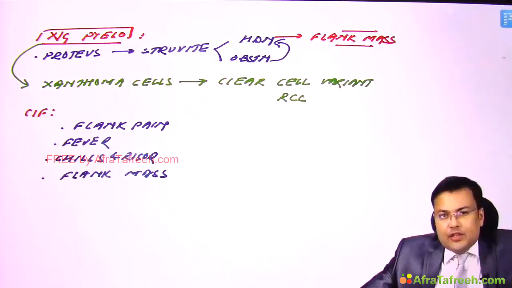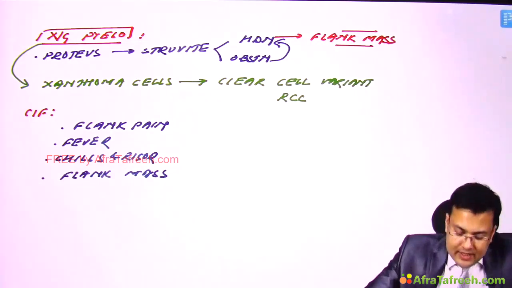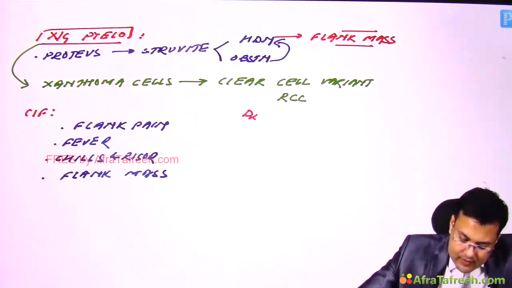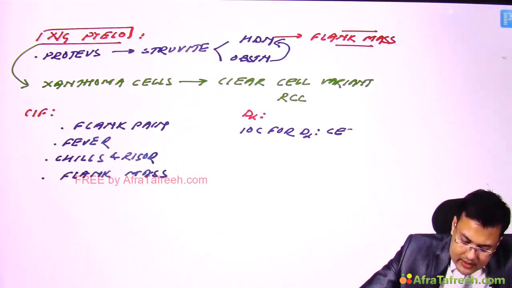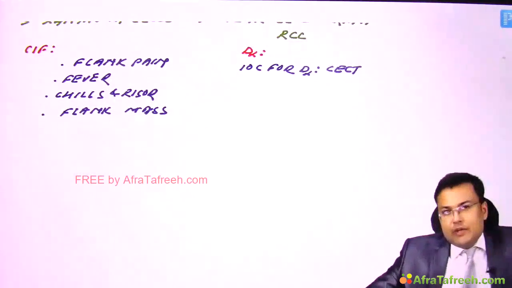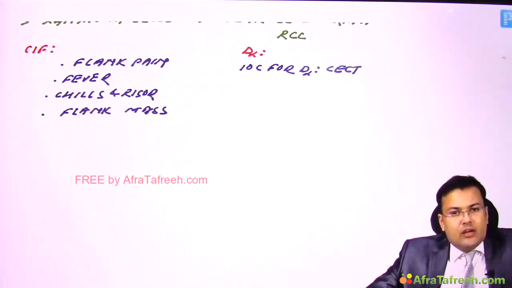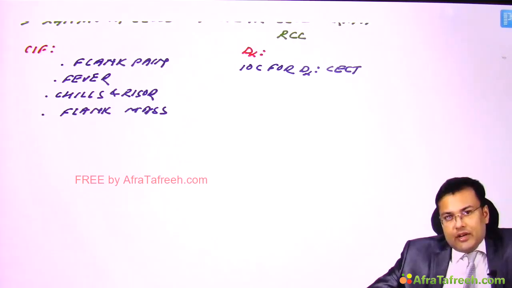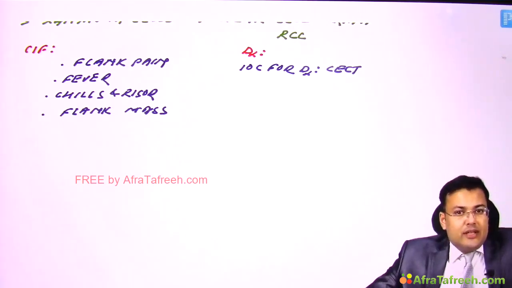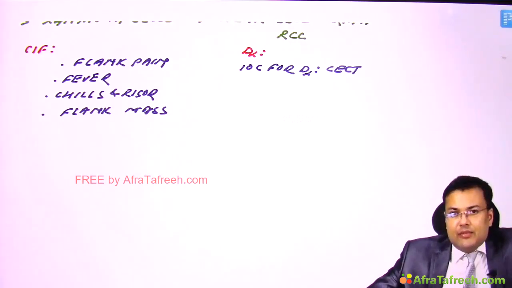What is the investigation of choice for diagnosis? We go for CECT. So investigation of choice for diagnosis, and that is CECT. Clear? What is the treatment option? See, the kidney is chronically obstructed, hydronephrotic. So generally in these cases initially we go for partial nephrectomy, and if that is not adequate then we may have to go for total nephrectomy.